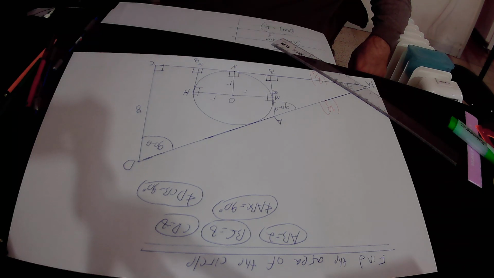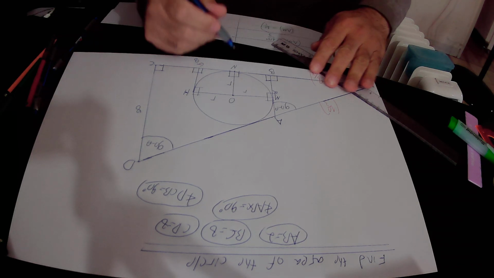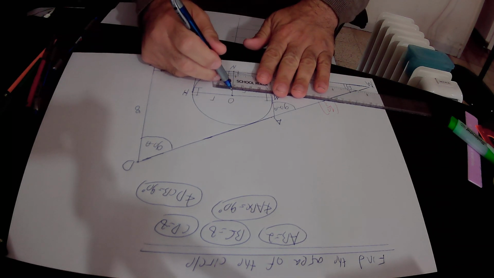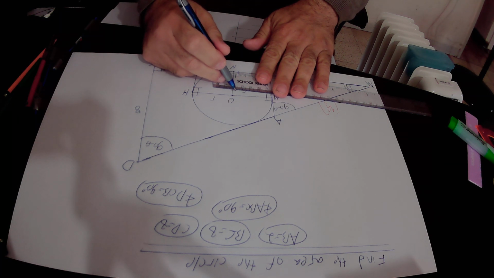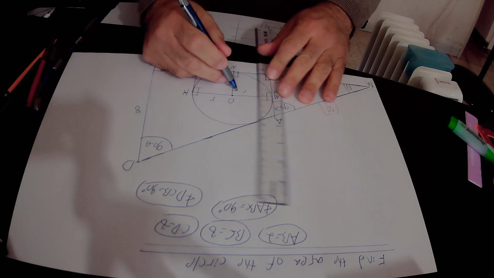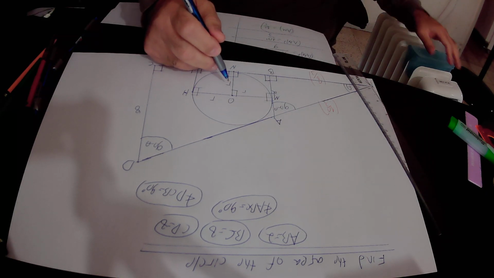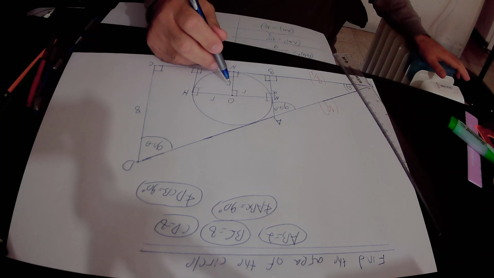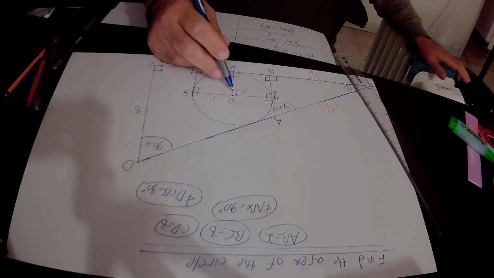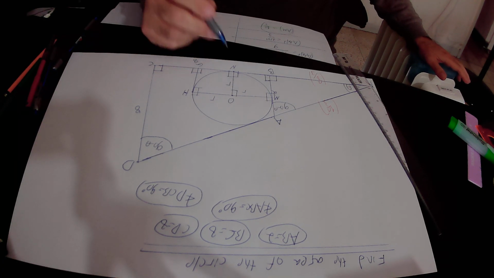And according to the rule that the sum of the angles in any quadrilateral is equal to 360 degrees, the missing angle here must be equal to 90 degrees. Why? Because the sum of 3 right angles is 90 times 3, it is 270 degrees. 270 degrees plus 90 degrees is 360 degrees. That is the sum of the angles in any quadrilateral.